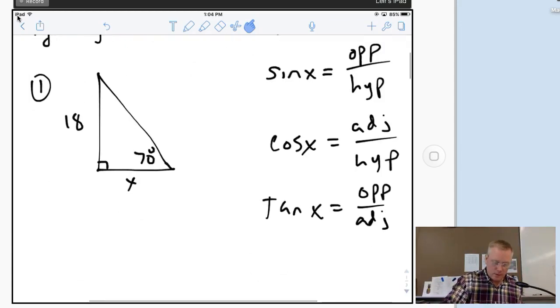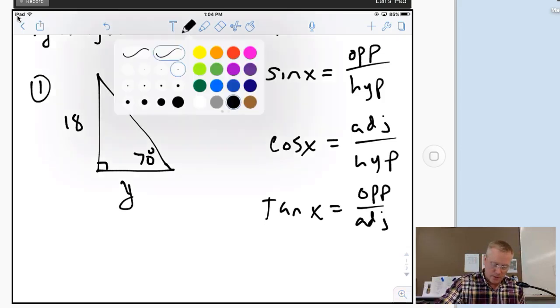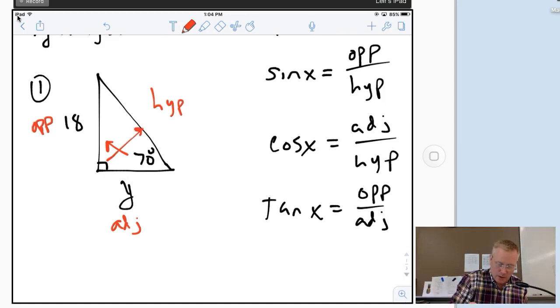Okay, and first thing I like to do is identify my three sides. I'll make that a y because I got all these x's over here. So my three sides, with regards to the 70 degrees, that's opposite. This one will be the adjacent. This would be the hypotenuse over here because it's opposite the right angle, okay? Those are some ways you might remember that.